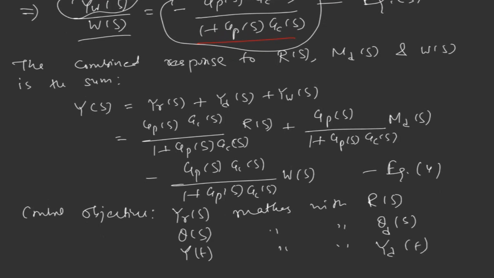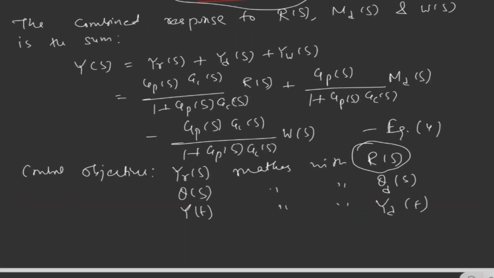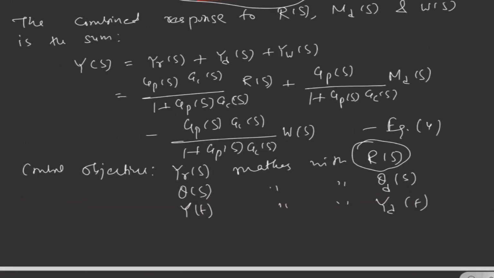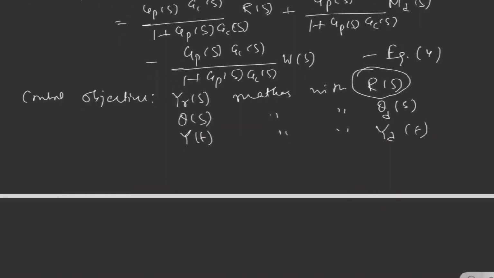This is our main motivation, because R is basically the desired or reference signal for the system. This is the main motivation in control systems: how we can achieve our desired signal with the application of control.